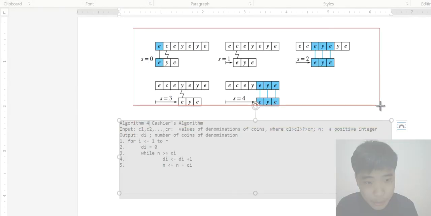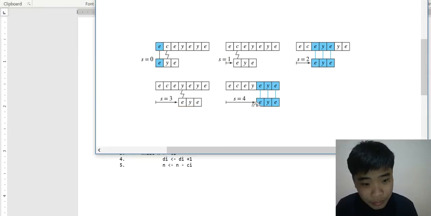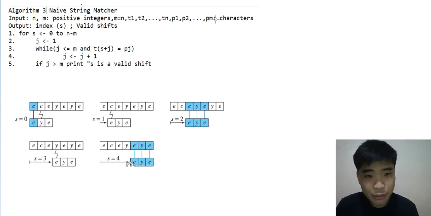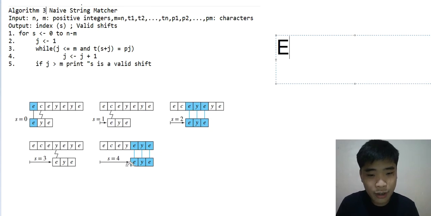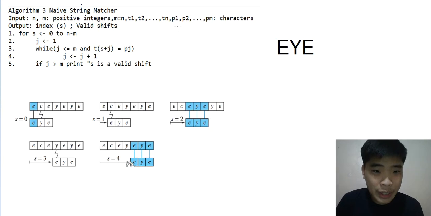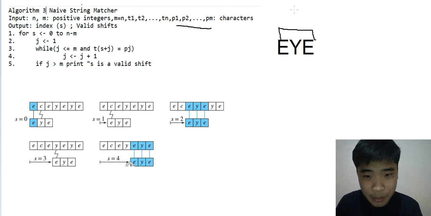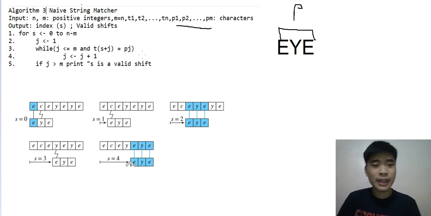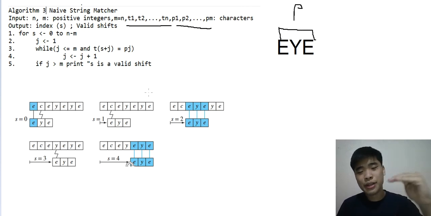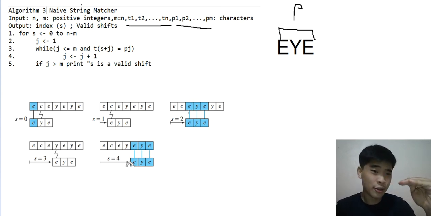So here is the example. In this case, we are finding the word I. The letter P here stands for the word we are looking for, which is this, the I. This is the string P. Then T is the word that we will use to find I, and P stands for pattern.